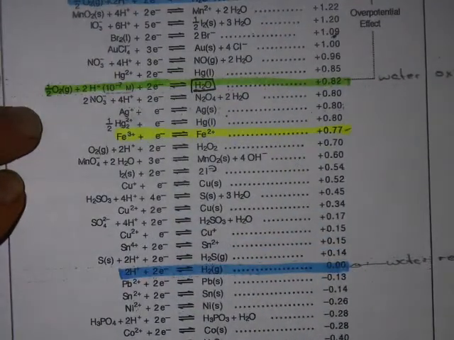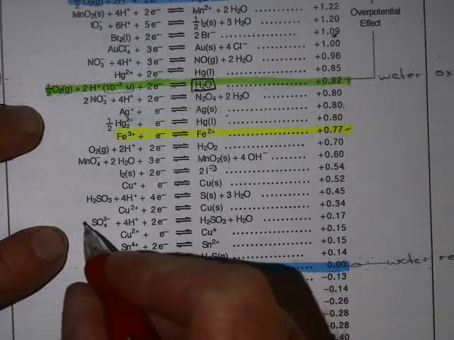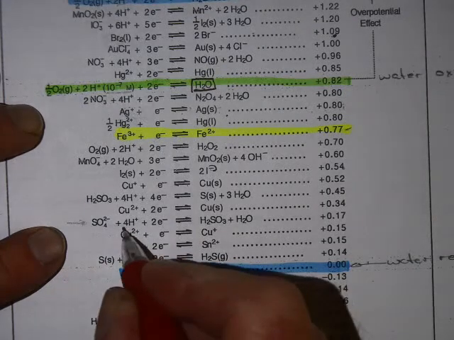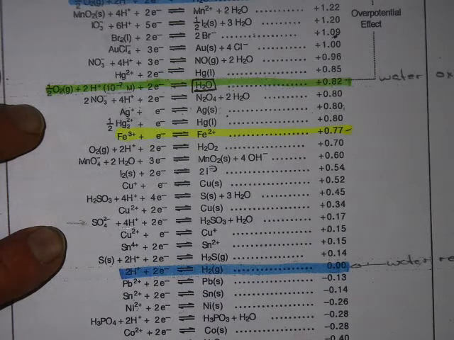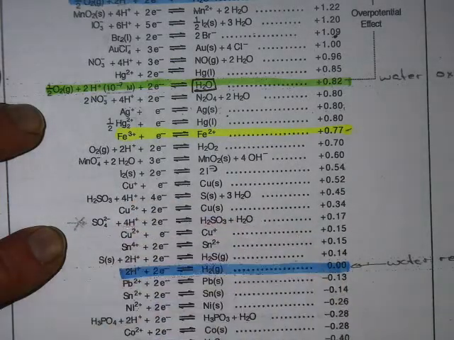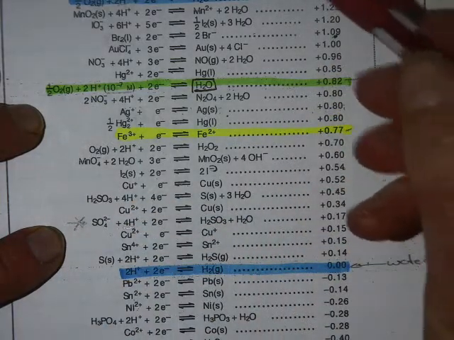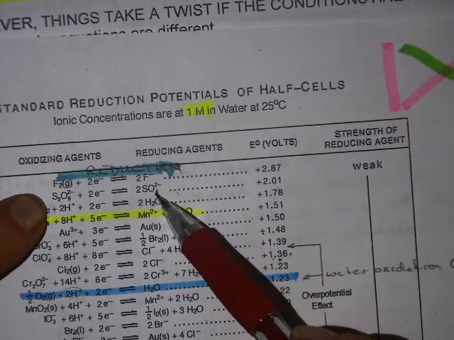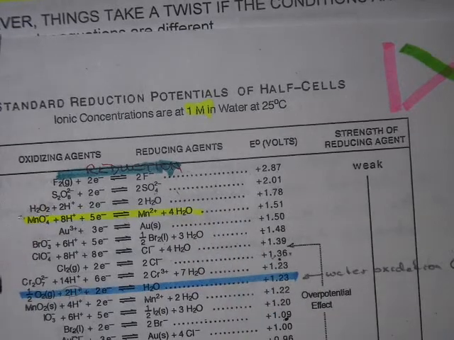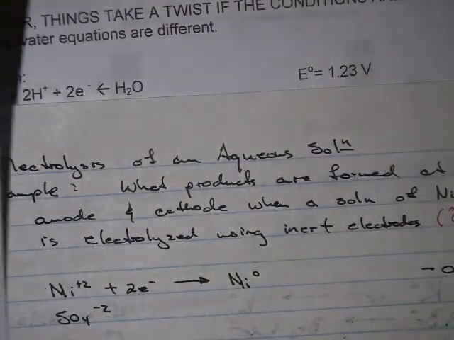Sulfate lives here, but this is telling me that's in an acidic situation, and there's nothing said in this example that suggests that it's in acidic conditions. So we're not going to use that one. The only other one is up here somewhere, way at the top. So this one here, 2SO4. I'm going to write that down.